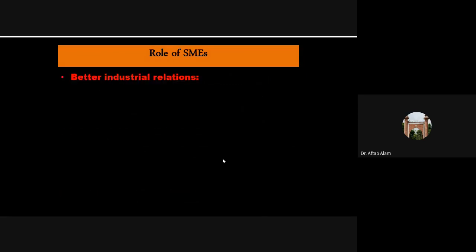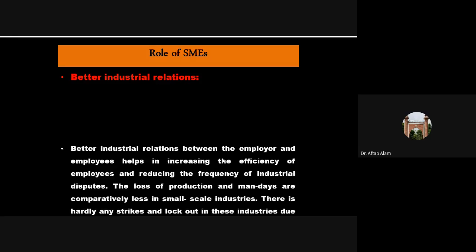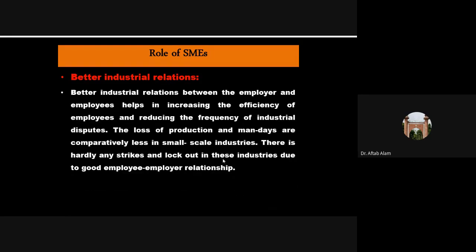better industrial relation. If you see, industrial relation is easier, there is less conflict in small and medium enterprises. The workers and management के बीच जो relation होता है SMEs में, that is more cordial, because the number of workers is less. Management is maybe a single manager, or one owner is the manager, or a few people are there. So relation between workers and the management is cordial, अच्छे relation होते.